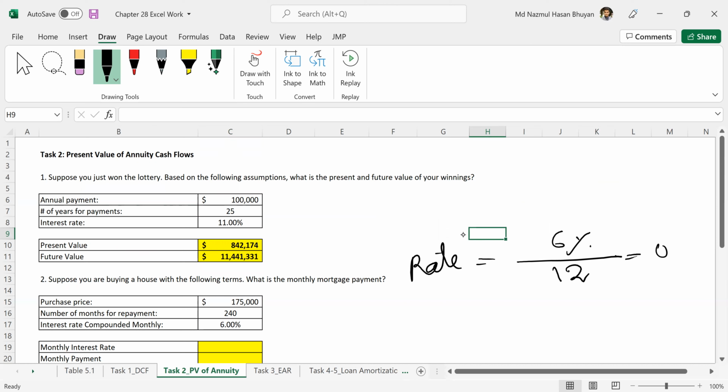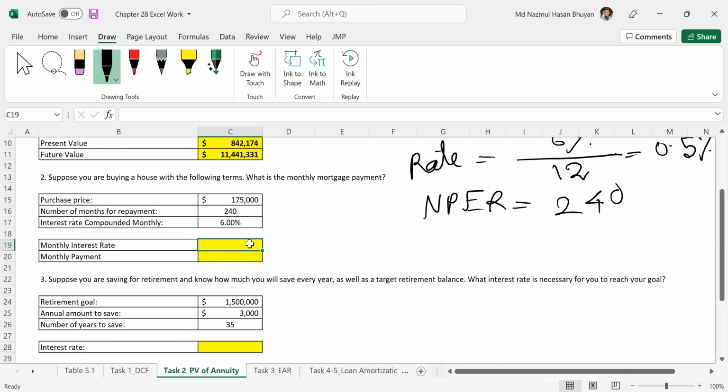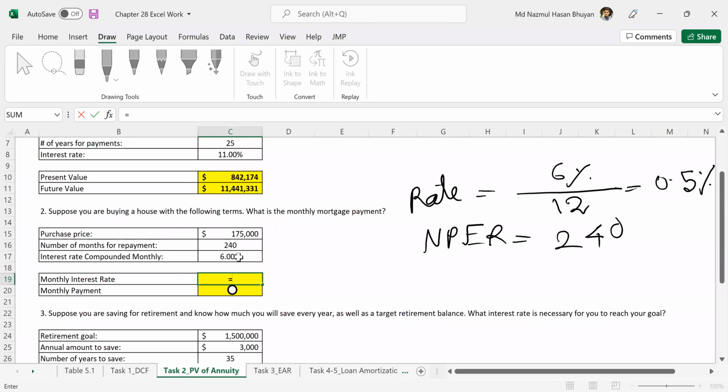Now if you calculate, then it will be 0.5%. Next, NPAR. NPAR means number of months in our investment horizon. In this case, it is already provided, 240. Right. So now first let us calculate our monthly interest. It is 6% divided by 12.